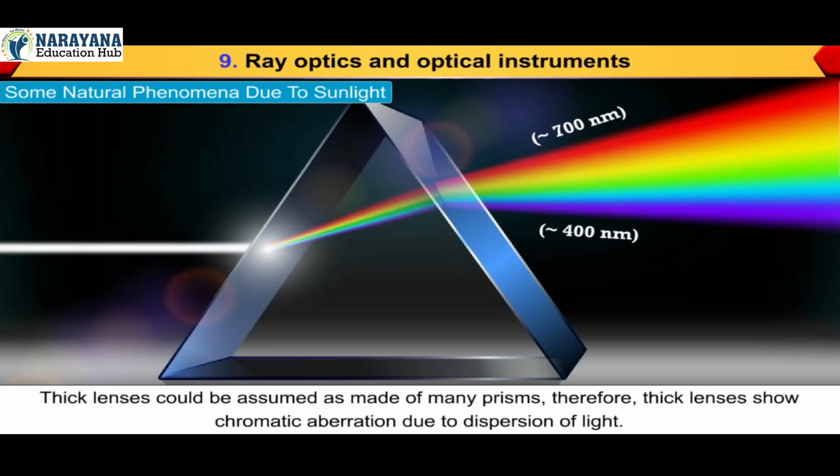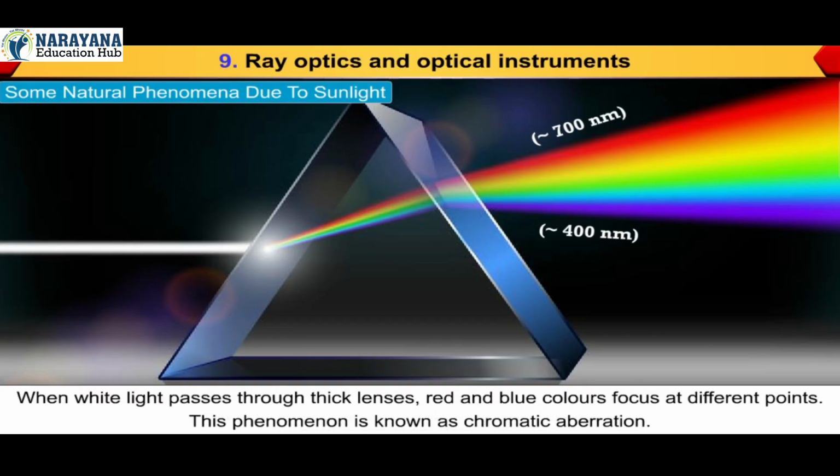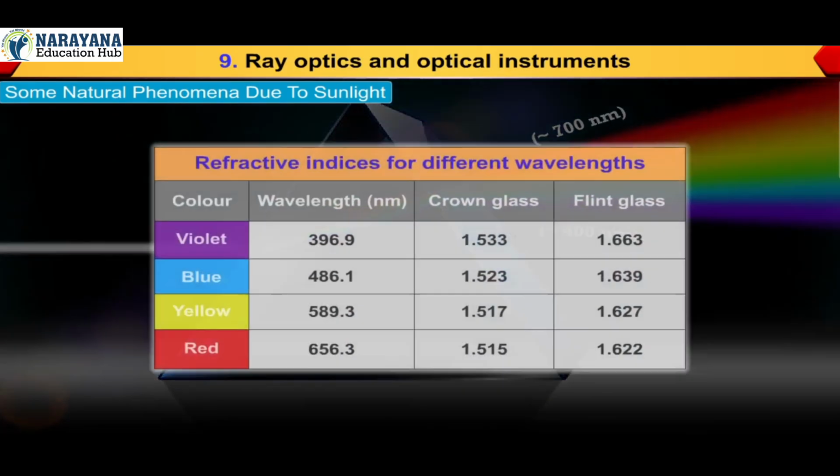Thick lenses could be assumed as made of many prisms. Therefore, thick lenses show chromatic aberration due to dispersion of light. When white light passes through thick lenses, red and blue colors focus at different points. This phenomenon is known as chromatic aberration.